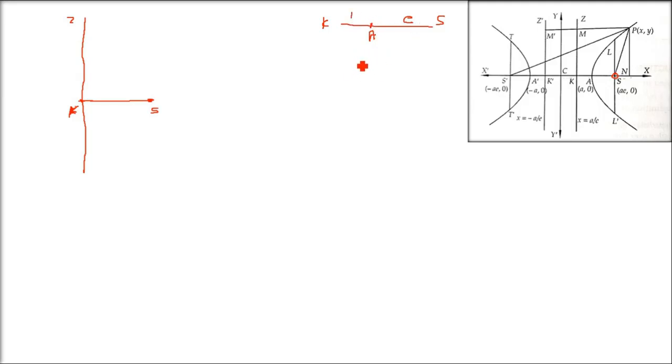So A is dividing this line KS internally, so we can write the ratio in a form like SA by AK is E is to 1. So the point A is internal to the line SK. So SA by AK is equal to E divided by 1. So we are internally dividing it through A. So cross multiply: SA equals E times AK. This is equation number 1. We are going to use it.